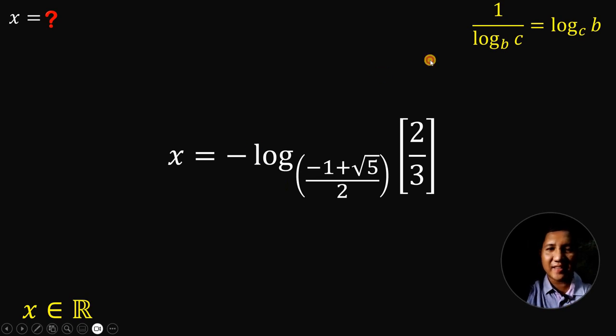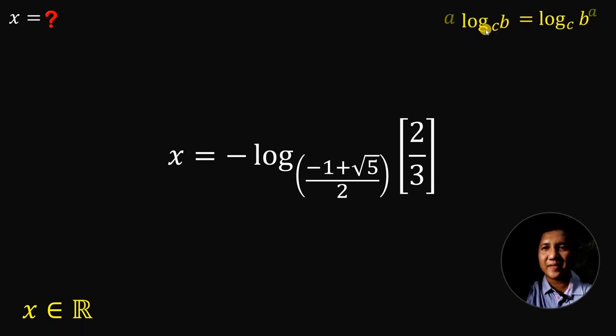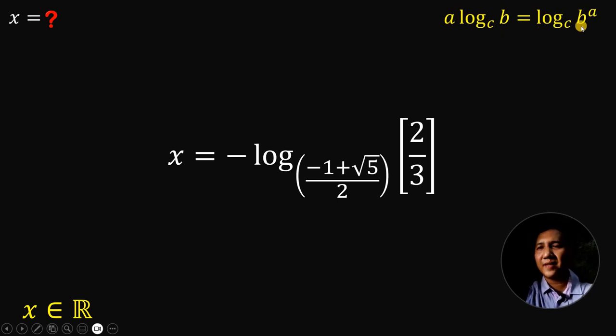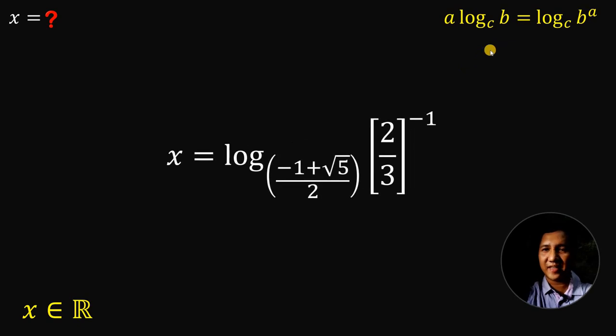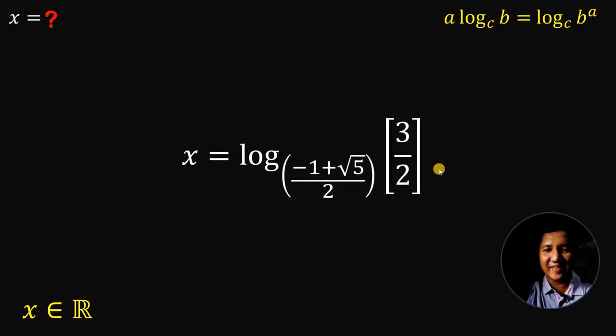Now, using this identity, if we have a times logarithm of b to the base of c, it is equivalent to logarithm of b raised to the power of a to the base of c. This factor of negative 1 can be the exponent of 2 over 3, like this. Now, 2 over 3 raised to negative 1 can be simplified as 3 over 2.